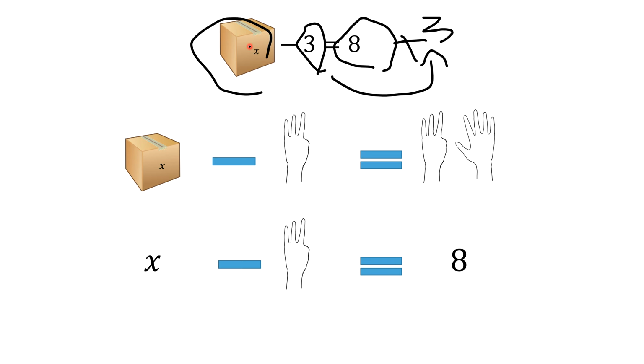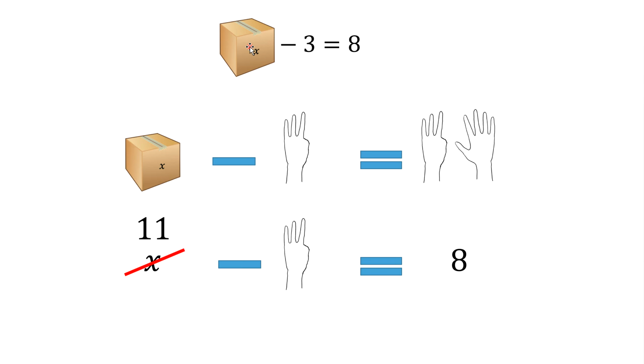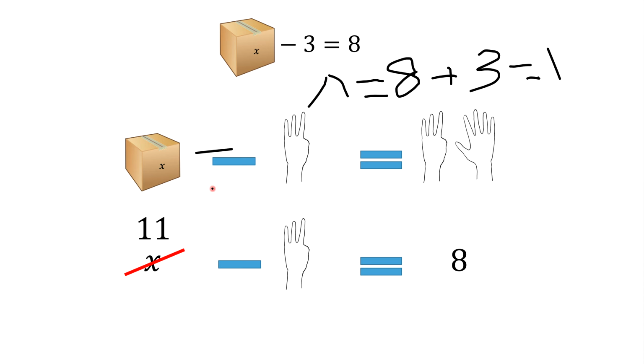So if we do that, what we get is X is equal to 11, because 8 plus 3 equals 11, which is the answer for X I am looking for. So X minus 3 is 8, and as you can see, if I plug in 11 here, I will get 8.